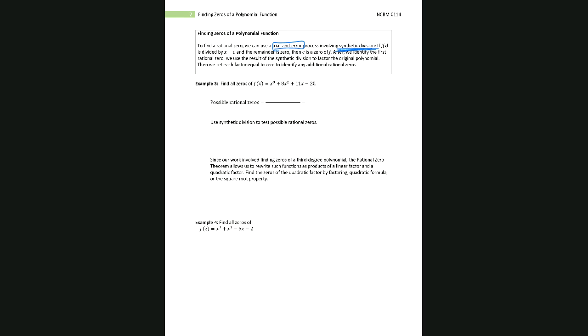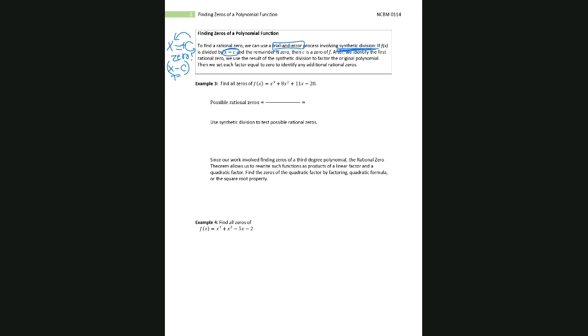And remember, if we are testing a value, let's say that value is called C, and we're testing if this is in fact a zero of a polynomial, then if we take the C across the equal sign, instead of adding or having that invisible positive sign, it will be subtracting: x minus C. And remember, that could be a factor.